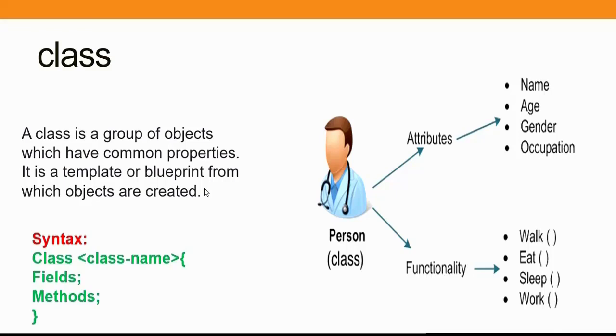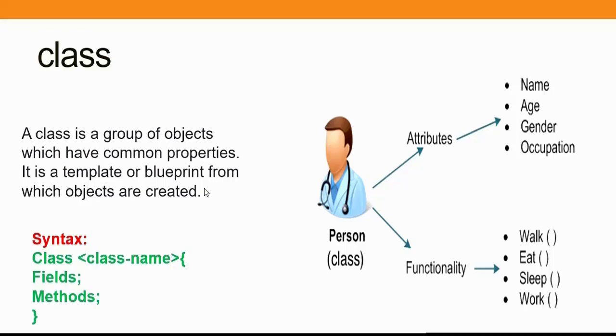Grapes, bananas, apple, they all come under the class of fruits. So when I say class, we can say the class is fruit. In that class fruit, we can have objects such as apple, orange, bananas, grapes. That is how we create a class. A class is a group of objects which have common properties.